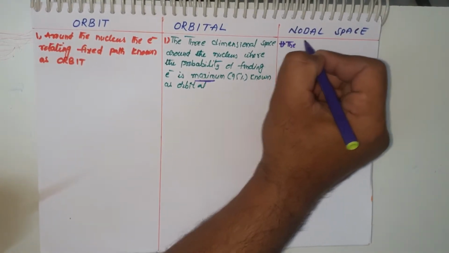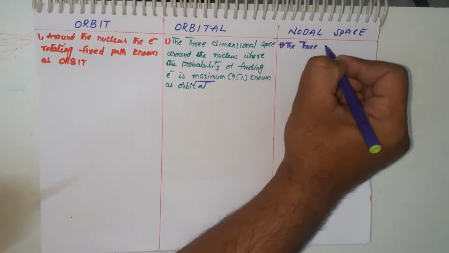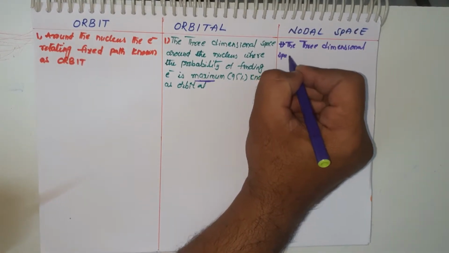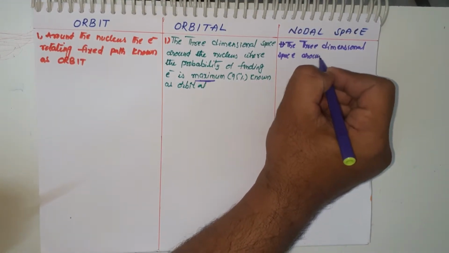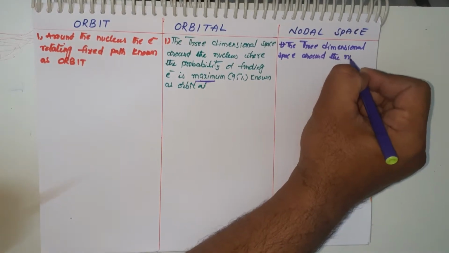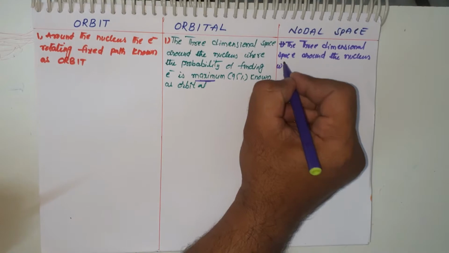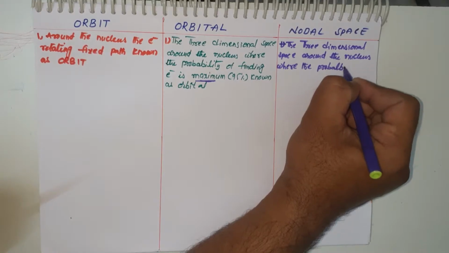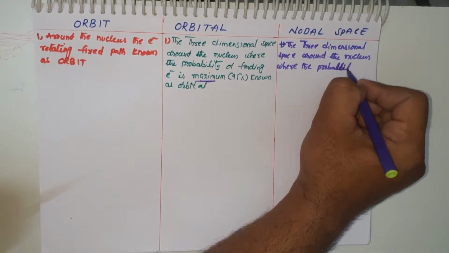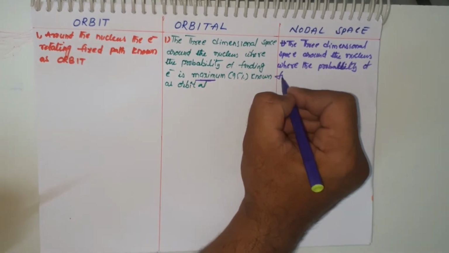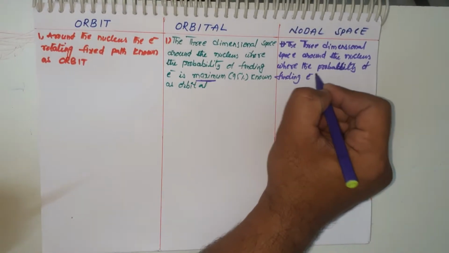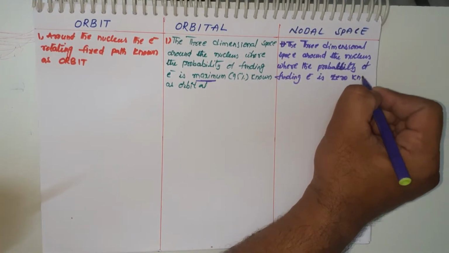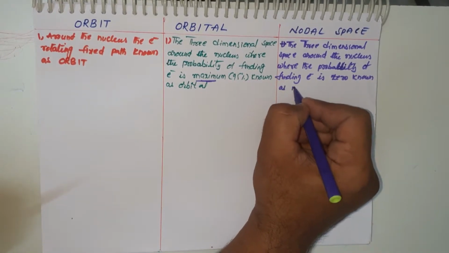The three-dimensional space around the nucleus where the probability of finding electrons is zero or minimum is known as nodal space.